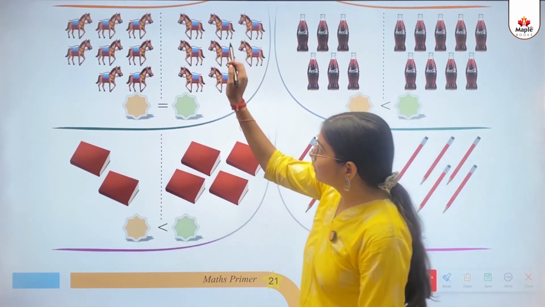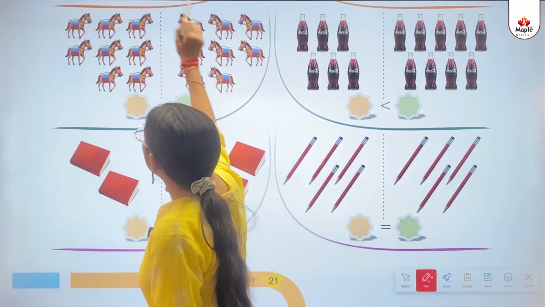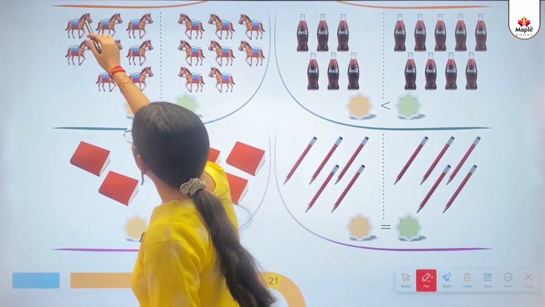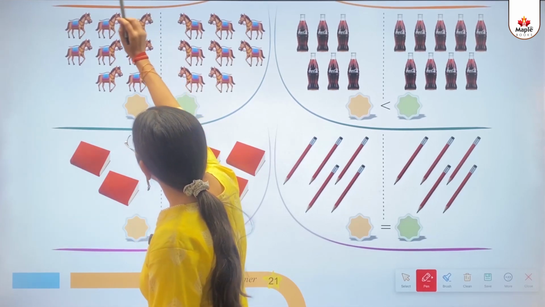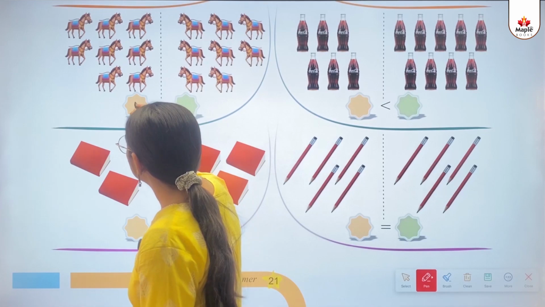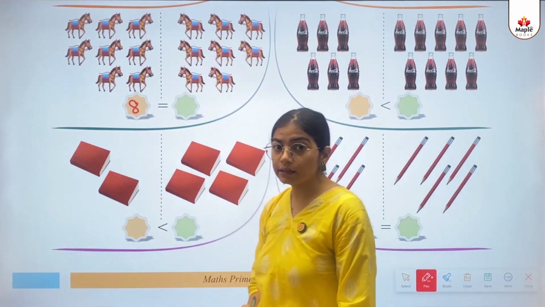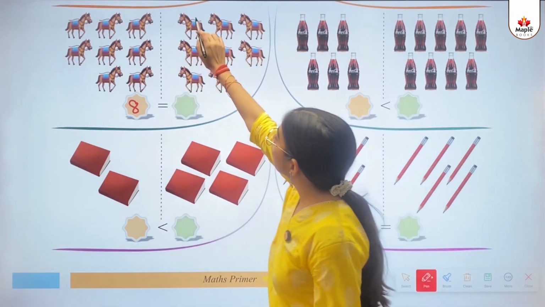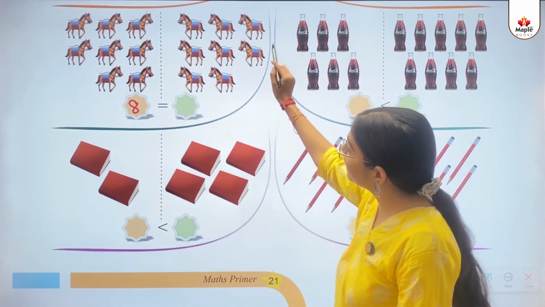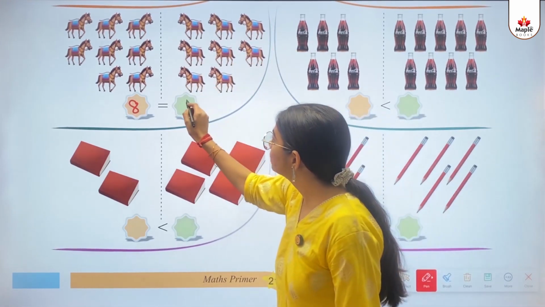Now, we will count here. There are horses given on both the sides. We will count. 1, 2, 3, 4, 5, 6, 7, 8. 8 horses are there. On the other side, 1, 2, 3, 4, 5, 6, 7, 8.